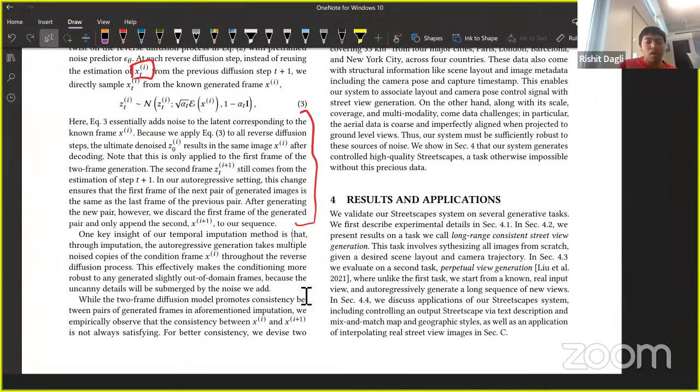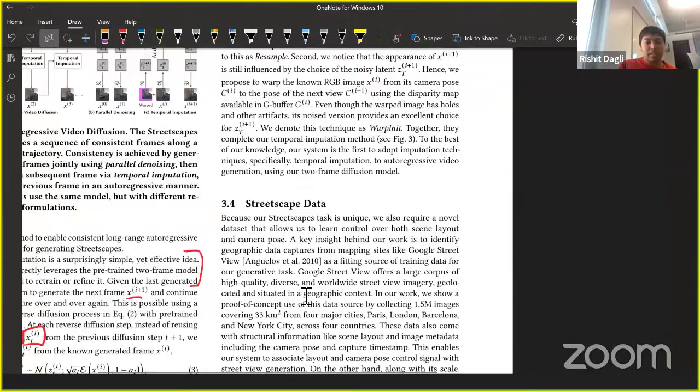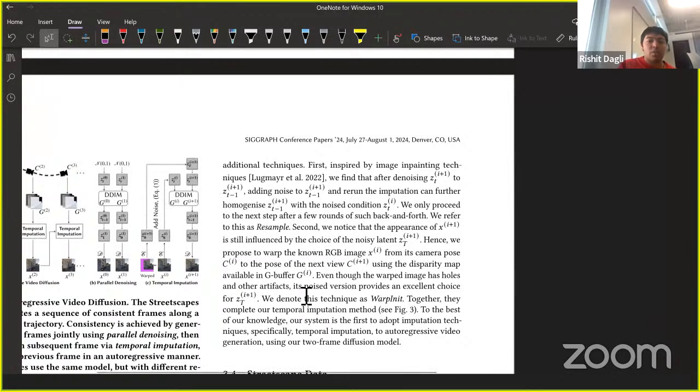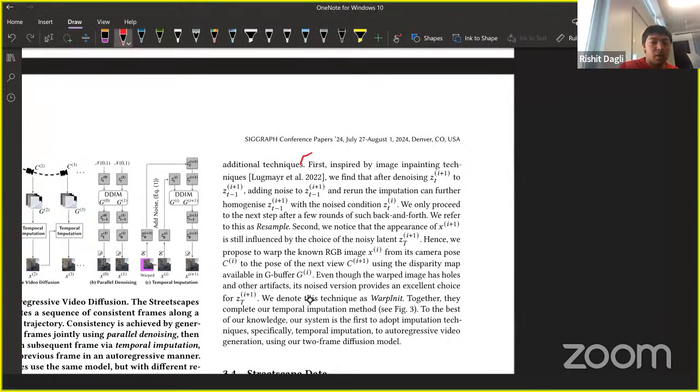Then they talk about this other thing. This parallel denoising and temporal imputation already gets them quite a lot of consistency, but they talk about one more thing which allows them to further improve it.